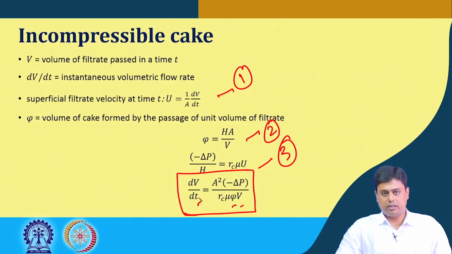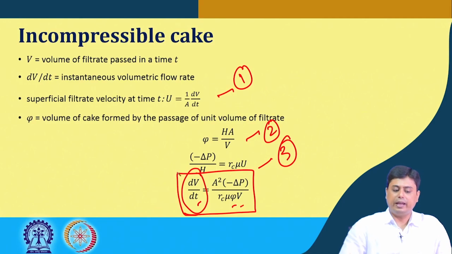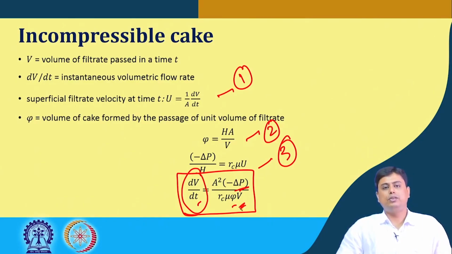So, by looking at this expression, what you can derive is that the filtration rate is proportional to the pressure drop and inversely proportional to the volume of filtrate that has passed through by time t, and inversely proportional to the viscosity mu, which means the filtrate medium viscosity. If the filtrate suspension viscosity increases, this rate goes lower and lower.